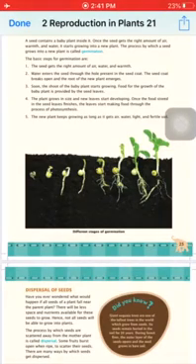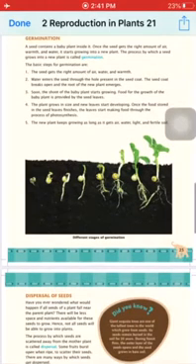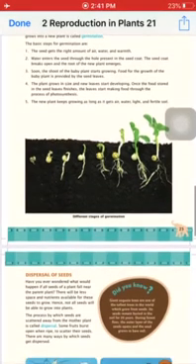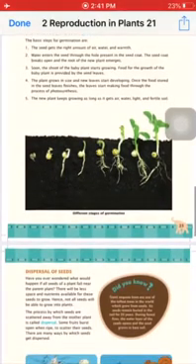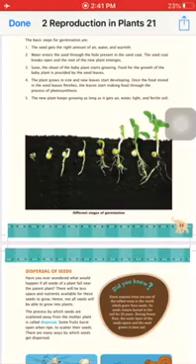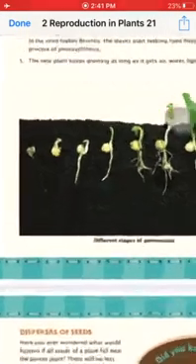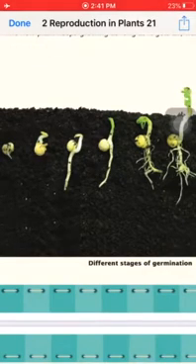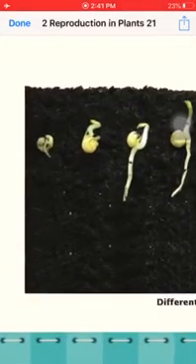As we talked about at this point in the structure of a seed, the seed coat breaks open and the root of the new plant emerges. Third is the shoot of the baby plant starts growing. Here you can see the picture of different stages of germination.